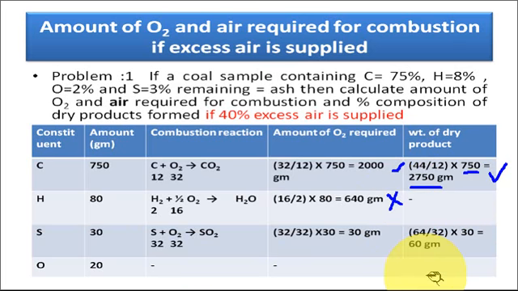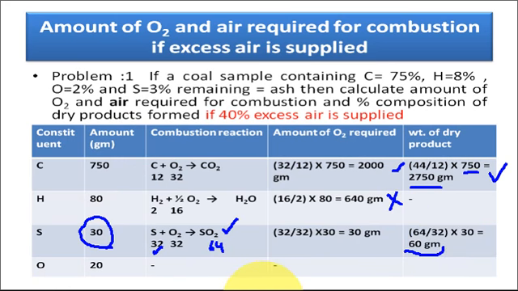For the sulfur dioxide calculation, we know that 64 gram of sulfur dioxide is produced by 32 gram of sulfur. So to calculate the amount of sulfur dioxide, we have to multiply the amount of sulfur by 64 by 32. So this comes to 60 grams. So the carbon dioxide released is 2750 gram, while the sulfur dioxide released is 60 gram.